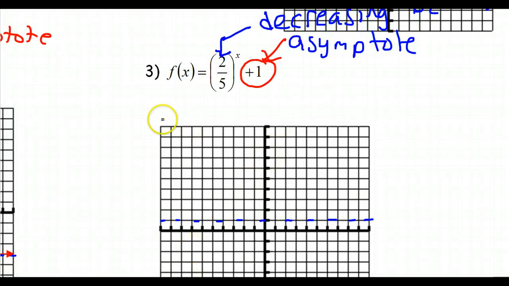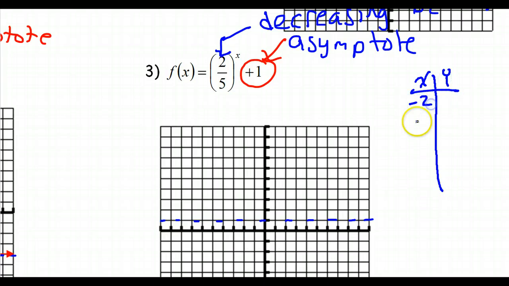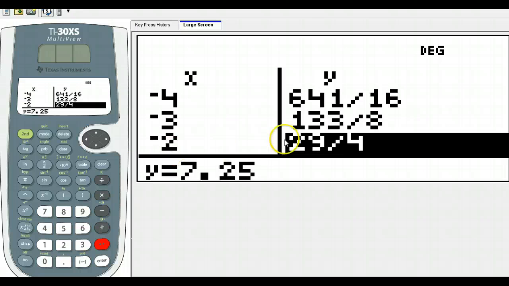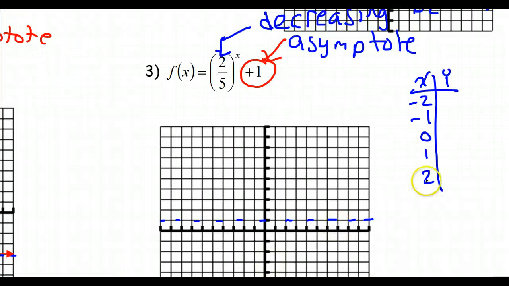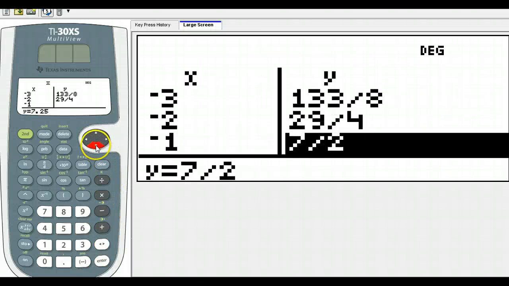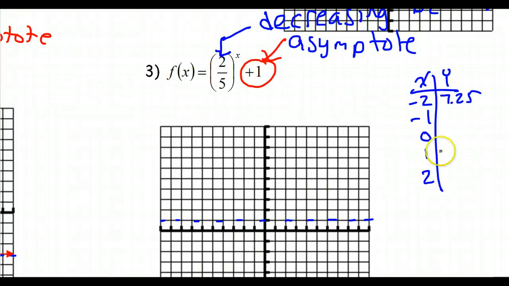So I'm going to do my graph using these values. So x and y, we will do -2, -1, 0, 1, and 2. I'm picking this because -2 is the first value that fits. At -2, we've got 7.25. At -1, all right, we've got 3.5.